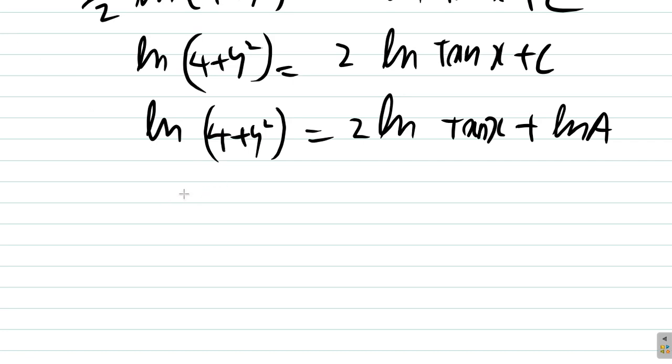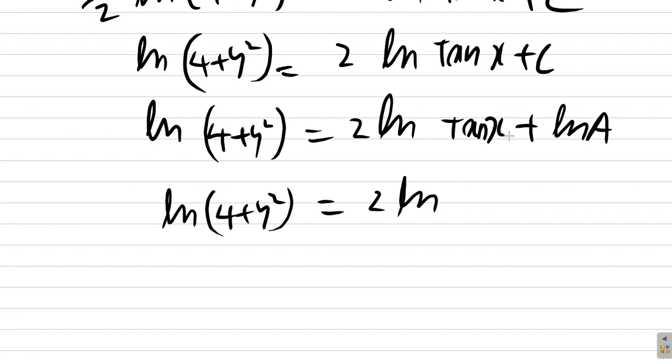So what we have is that ln 4 plus y squared is equal to 2 ln, say, a times tan x, because the fact is, you can't trouble the a, it's a times tan x.